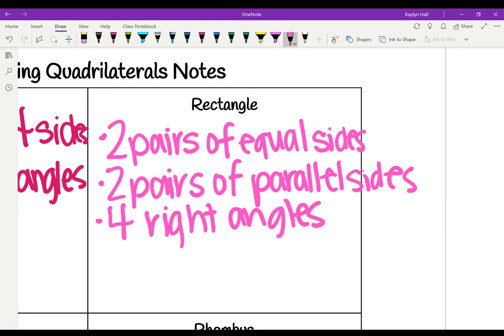Remember, parallel means that there are 2 lines that are going the same direction, the same angle, and so they'll never run into each other. Even if I extended these forever and ever, they would never run into each other. They're going the same direction, kind of like the 2 sides of a road. Those are parallel to each other.